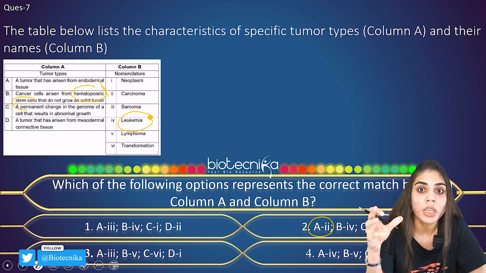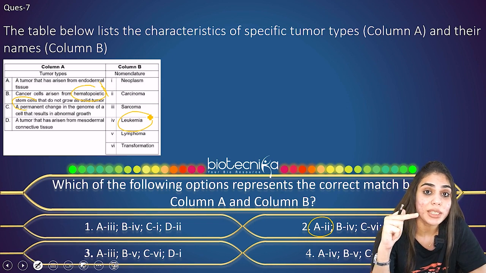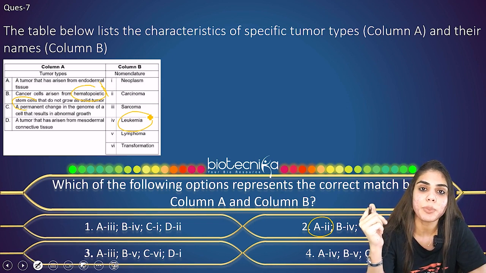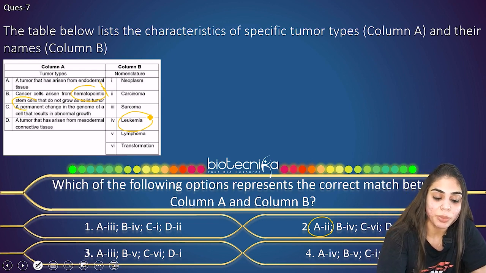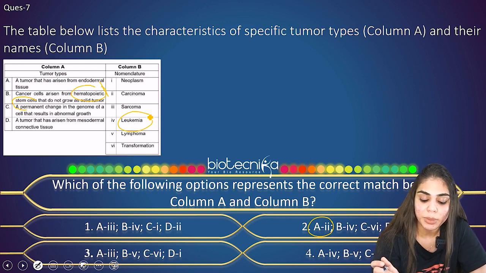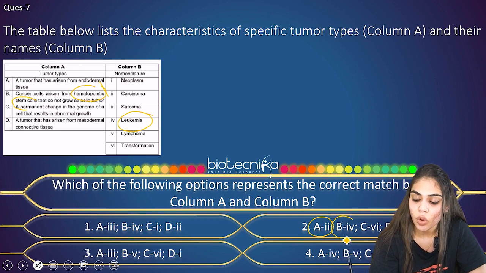This stem cell itself is mutated, means it will lead to cancer of all different types of blood cells, that is leukemia. So it matches with B, matches with 4. You can see B with 4 again in the second option. So again we have made A with second, B with 4. So the right answer is option 2.